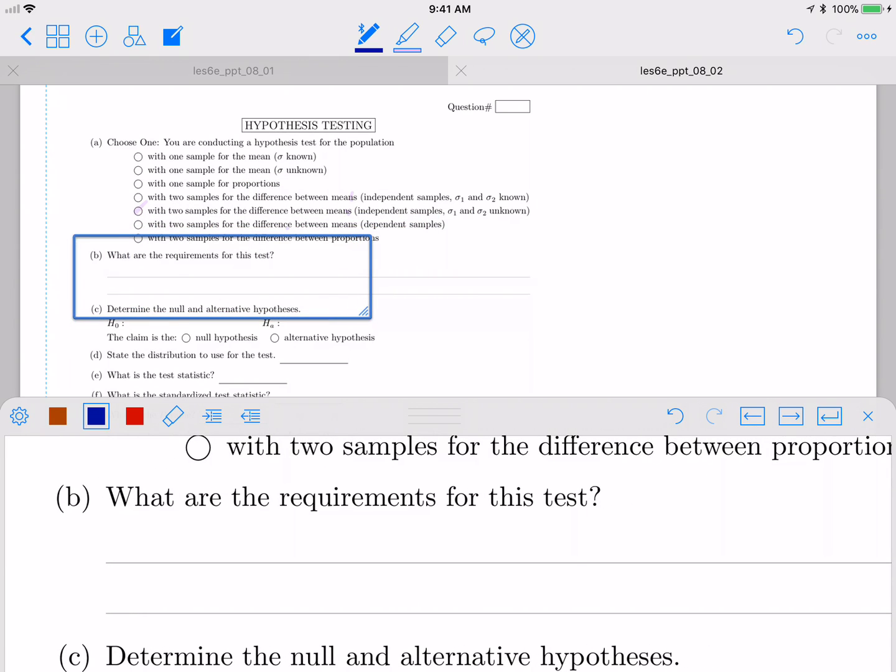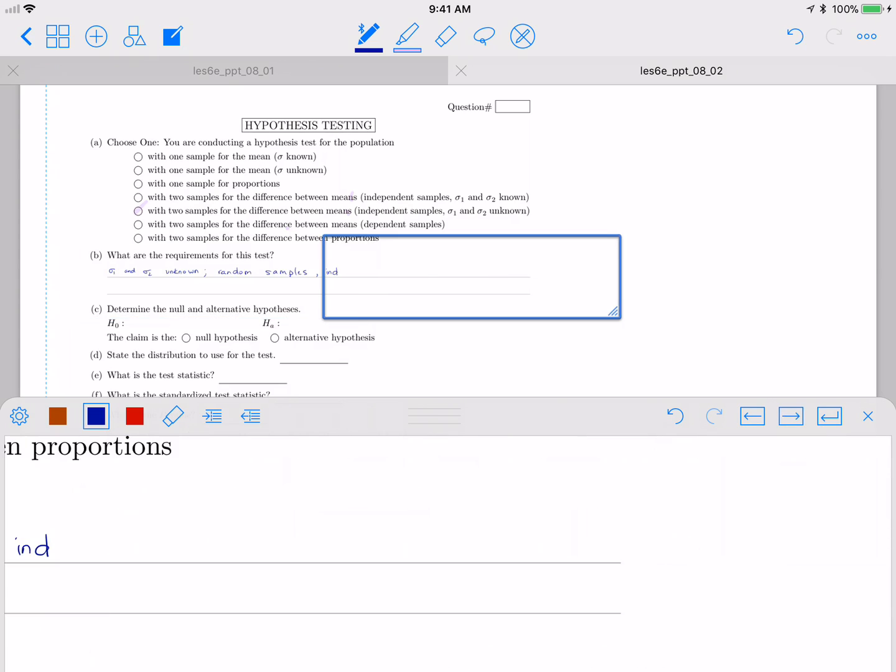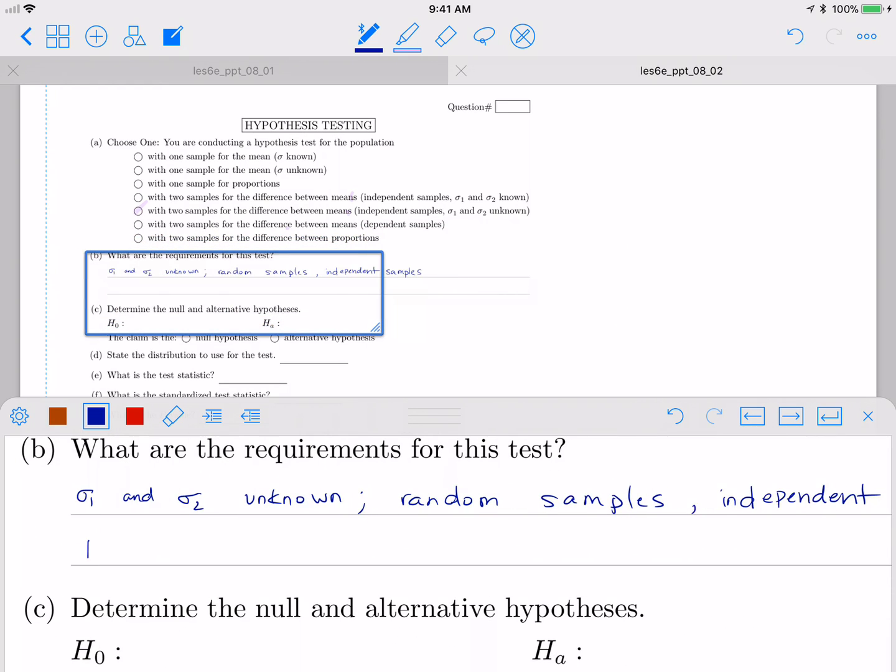Now the requirements for the test are going to be that sigma 1 and sigma 2 are unknown, that we have random samples, that we have independent samples, that our populations are normally distributed, or our sample sizes are at least 30.